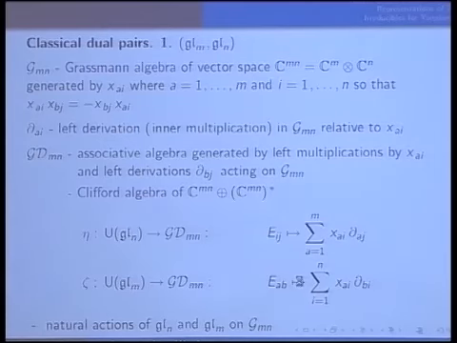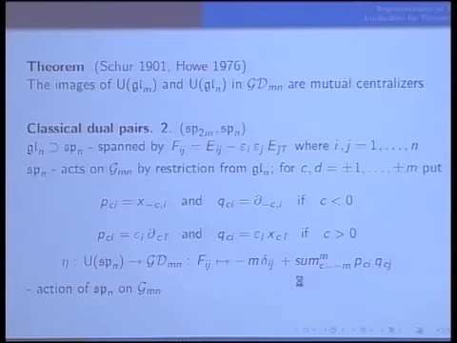And the statement, which is attributed to Howe, probably it could already be named after Schur-Weyl, because it reduces to the Schur-Weyl duality, is that the images in the enveloping algebras of gl_M and gl_N are mutual centralizers in the Grassmann differential operators.